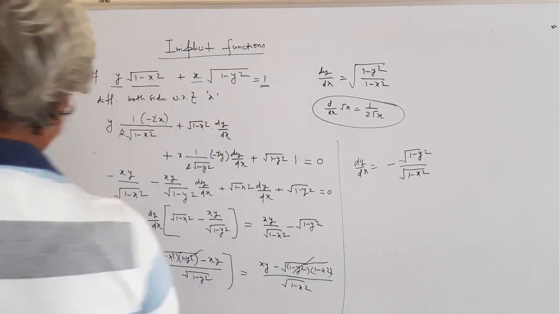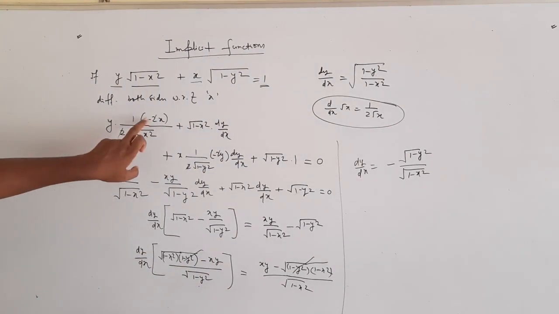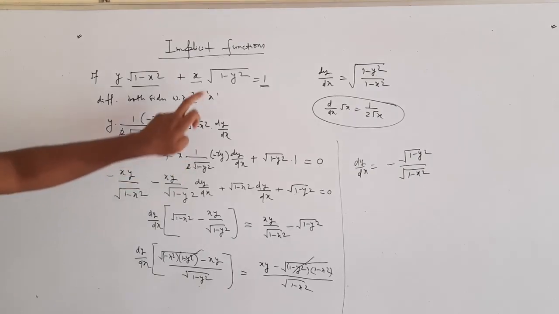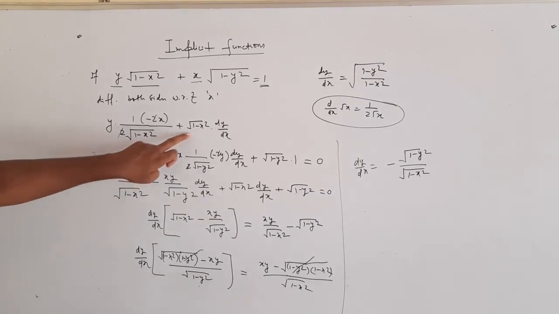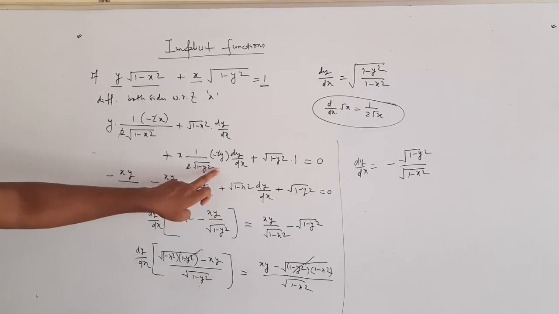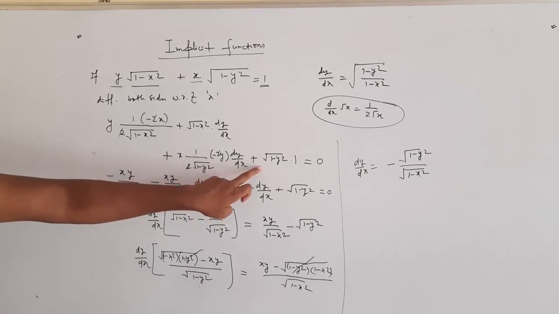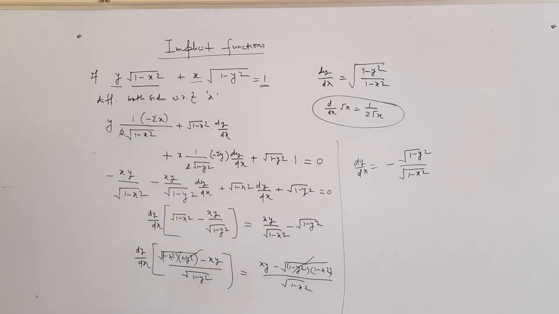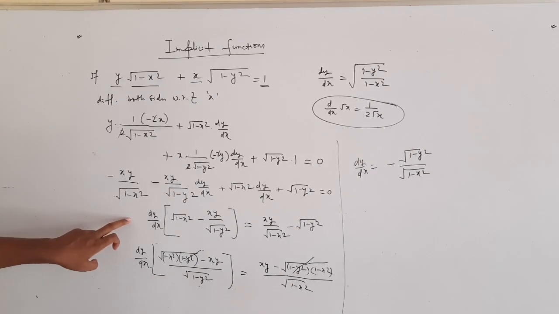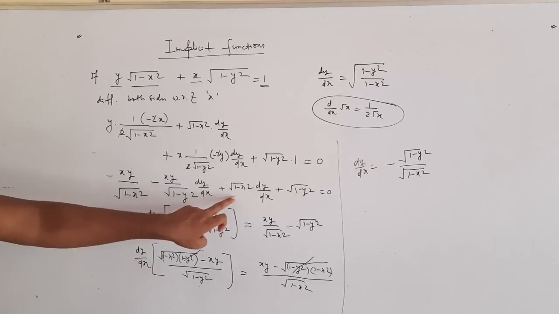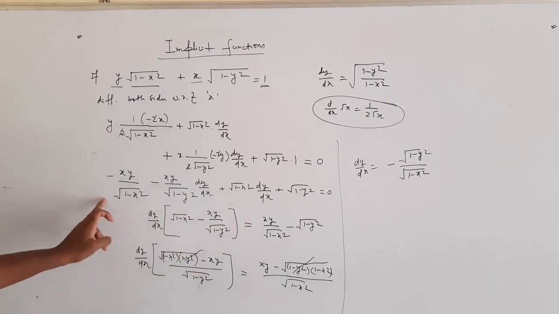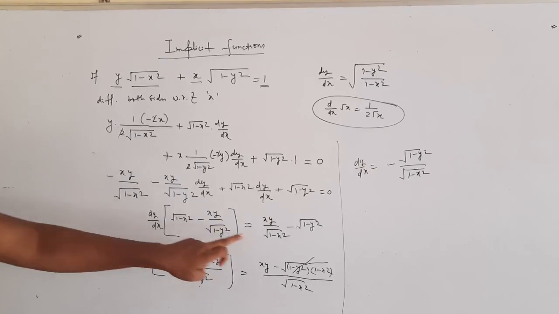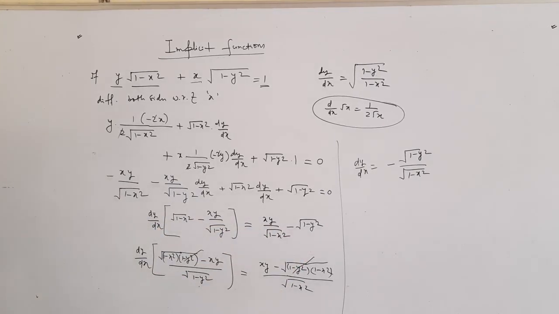Now let me check it out again. This is y times minus this, fine, plus, fine. This is x, this is minus, fine. So this one should be negative, this one should be positive, it is there. If I keep the dy by dx terms together here, then I am getting this term positive, and then minus xy over this, fine, and this term goes to this side and becomes positive, xy over under root 1 minus x square minus this one, fine.